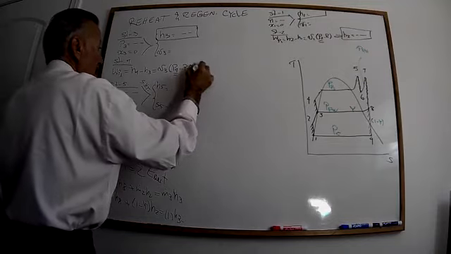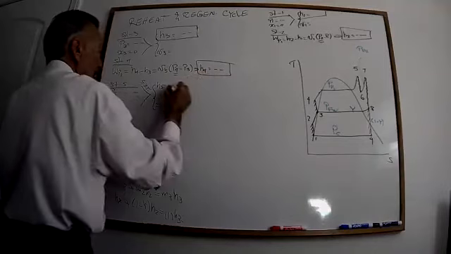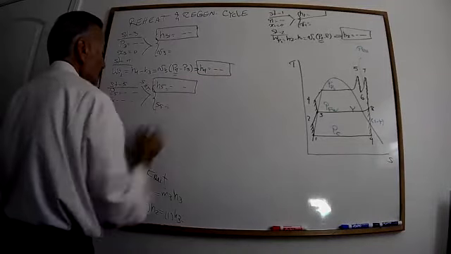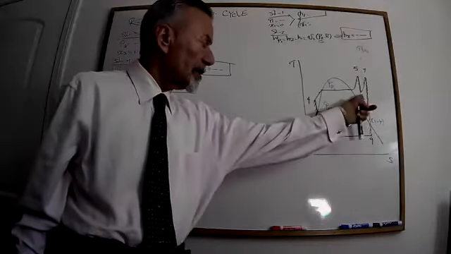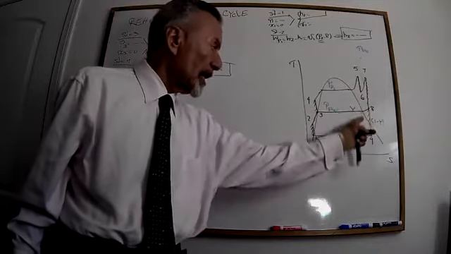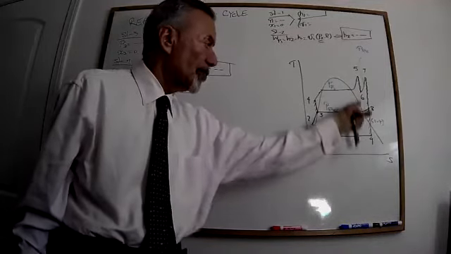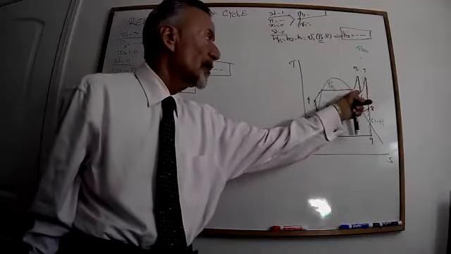So find H4, and this is H5. Now, 0.6 always going to be in a superheated. Don't bring it down to saturated vapor or bring it down to a mixture. Keep it in a superheated, the value is in superheated.